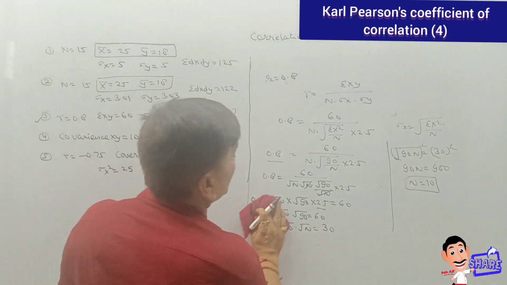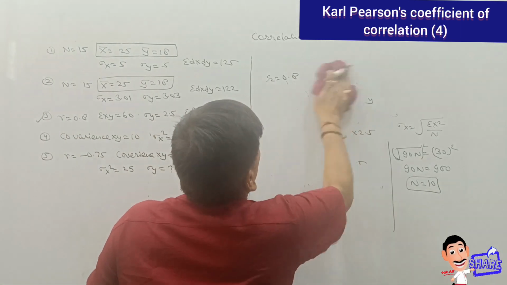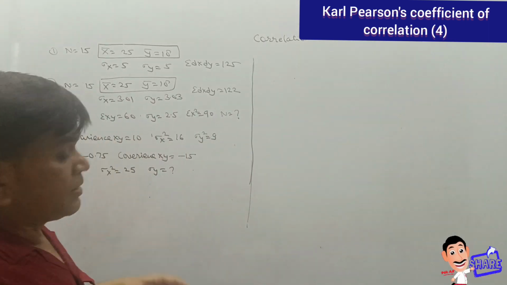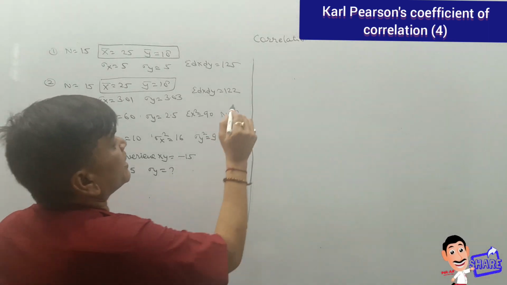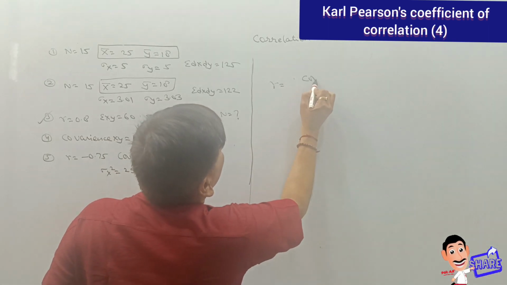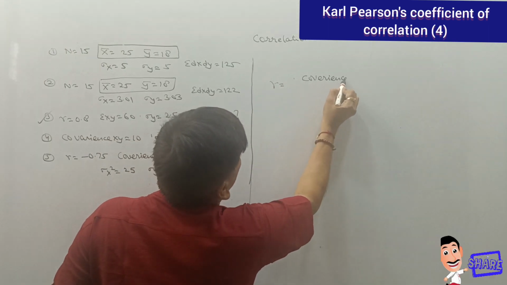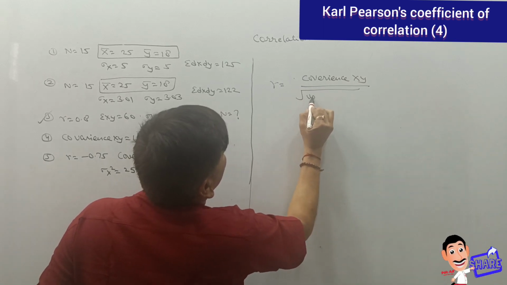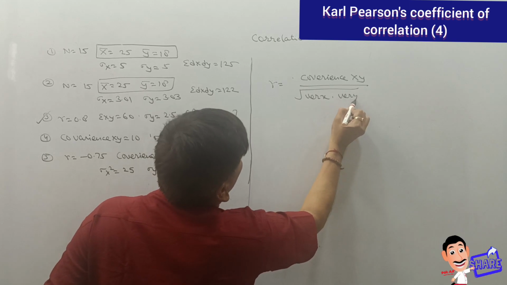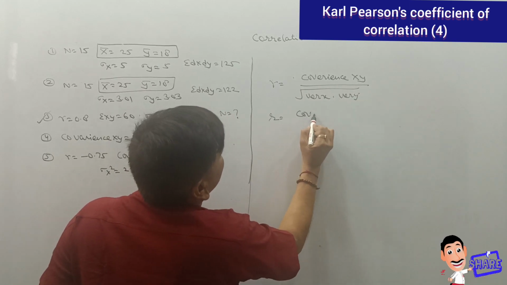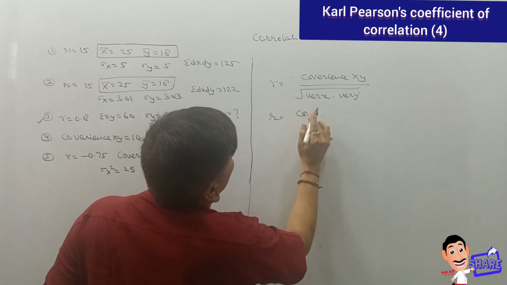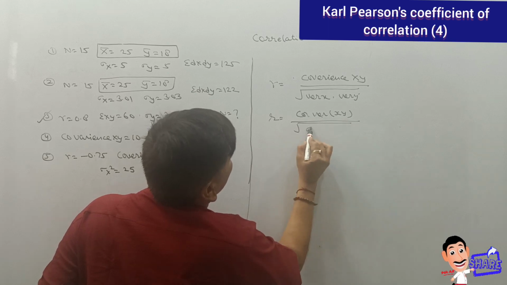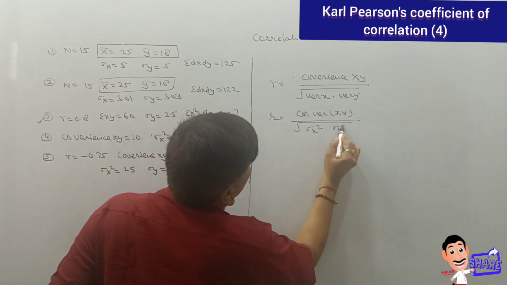Next question, we have given the covariance value. Here one formula also we have to learn: r is equal to covariance of xy divided by under root variance of x multiply variance of y, or we can write covariance of xy divided by under root standard deviation x raised to power 2, standard deviation y raised to power 2.